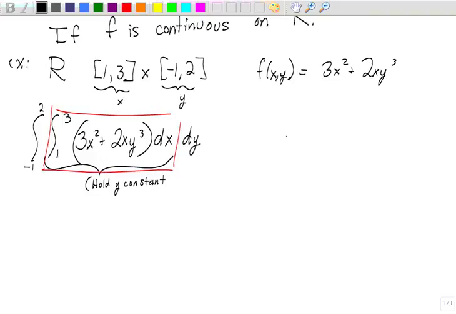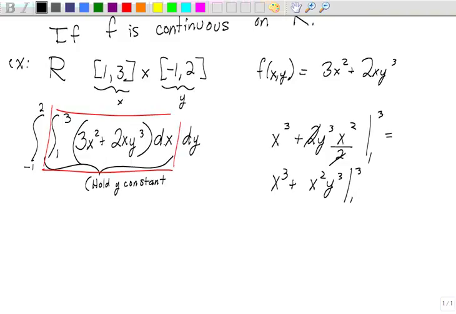The integral of 3x squared is x cubed, and the 2y cubed is a constant, and I'm just integrating x, which is x squared over 2. Then I evaluate that from 1 to 3. So that's equal to x cubed plus, the 2's cancel, x squared y cubed, from 1 to 3.